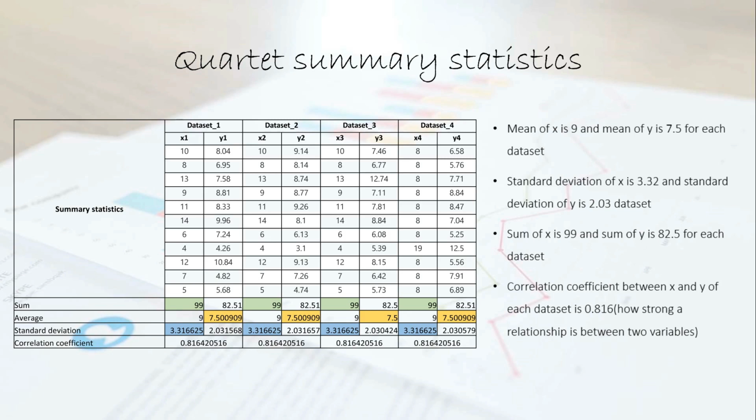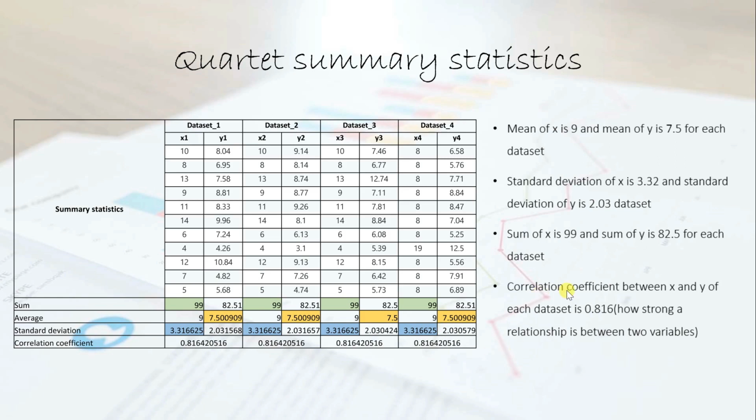That is, for X values, each dataset's sum is equal to 99, and for Y values it is equal to 82. When we look at the standard deviation, the standard deviation of X is 3.32 and the standard deviation of Y is 2.03 for every dataset.